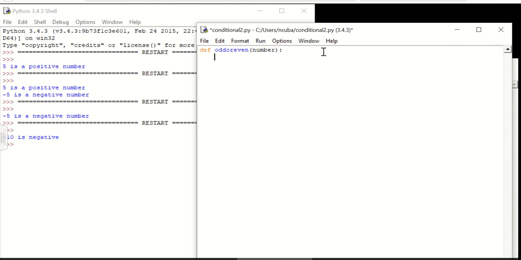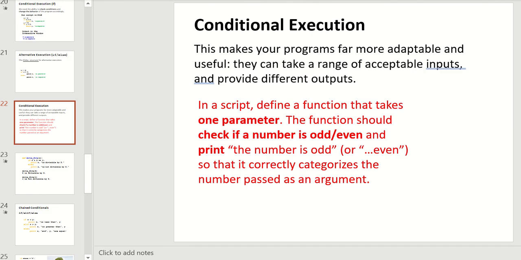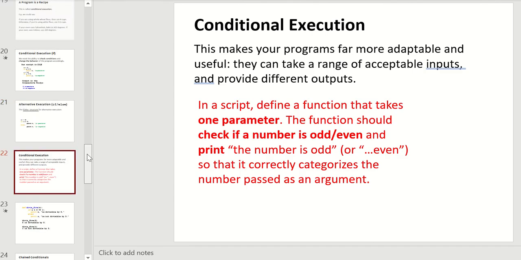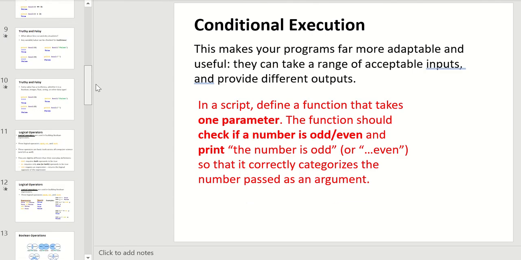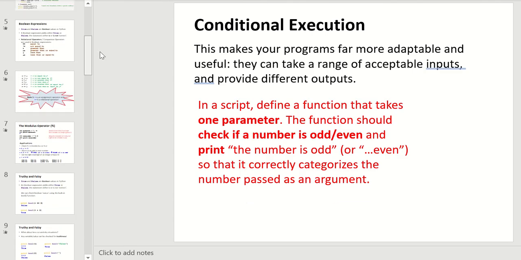So in the part 1 slides of this, I referenced the mathematical operator of modulus. You can also think of it as the percent sign because that's the character we use. If we go back, you can just scroll up, it's the same PowerPoint deck.